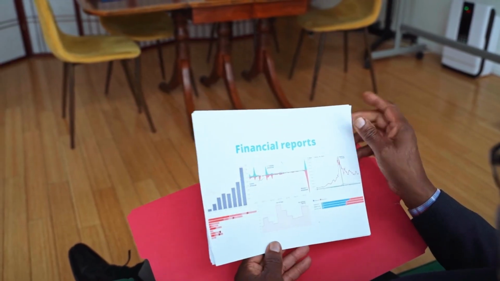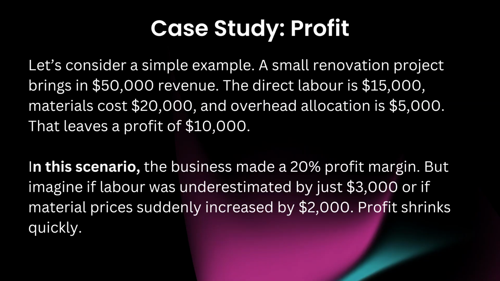Case study: profit. Let's consider a simple example. A small renovation project brings in $50,000 revenue. The direct labour is $15,000. Materials cost $20,000, and overhead allocation is $5,000. That leaves a profit of $10,000.